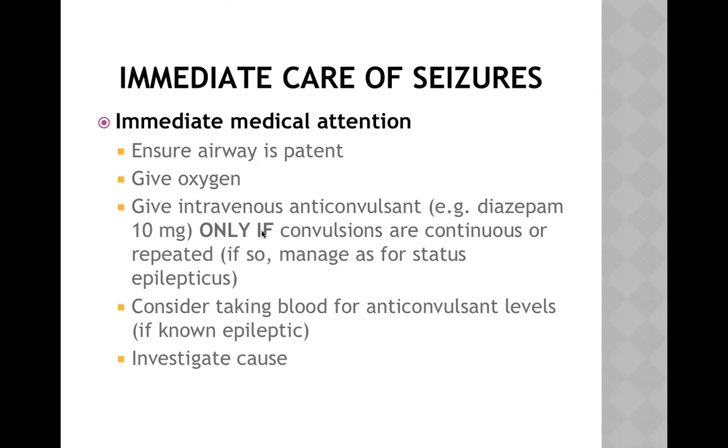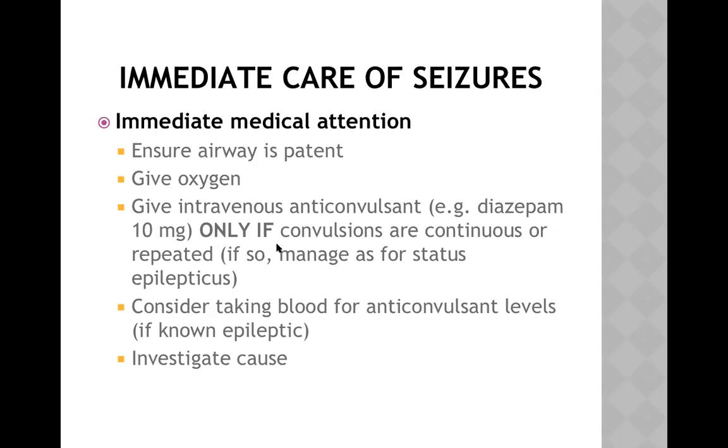Give intravenous anticonvulsant to stop the ongoing seizure, and the best is benzodiazepine, and among that diazepam or lorazepam. So give diazepam 10 milligram if the person is an adult, and if the person is a child, we need to calculate according to the body weight. Usually 2.5 to 5 milligram would be fine, but the best answer would be to calculate according to the body weight.